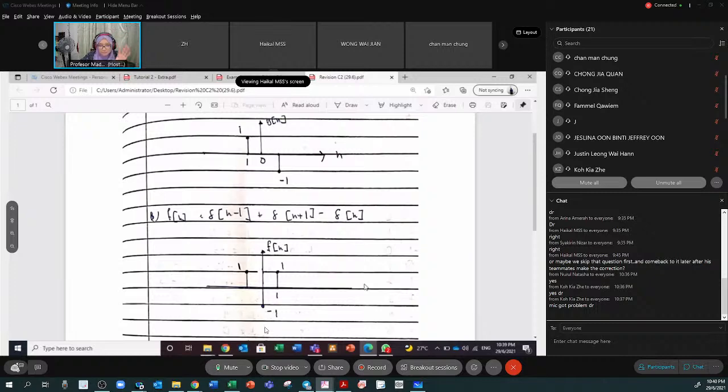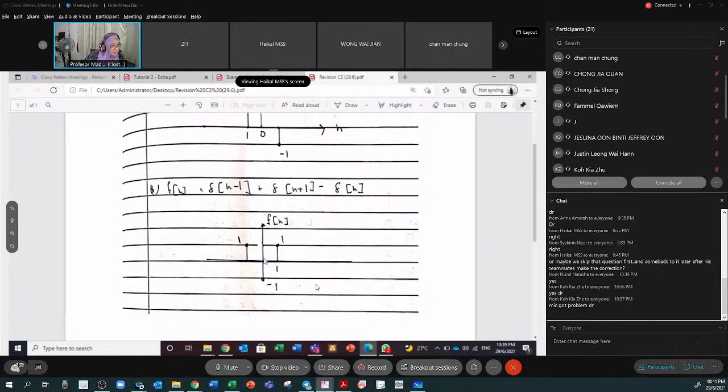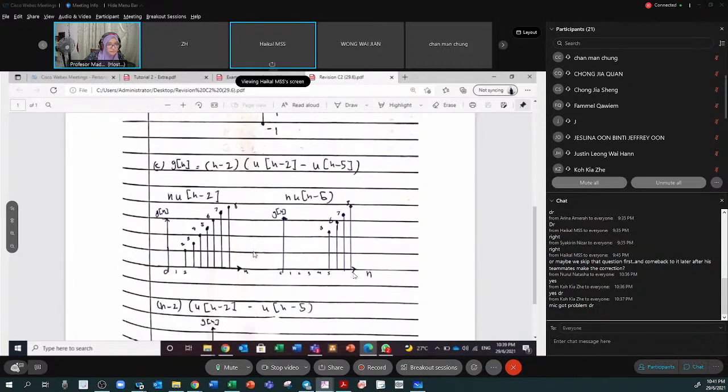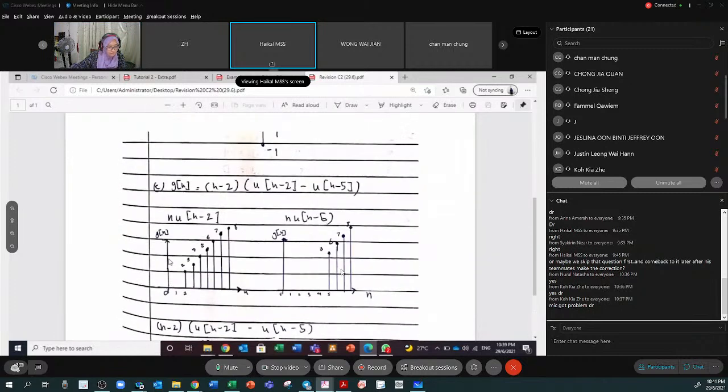It seems like macam ada, macam tak ada kan. So if you want to draw like this, you do not need to draw the y-axis with the arrow up, tak perlu. Especially for discrete time because later it will be confusing. Are you actually plotting upward or downward? Okay. Next. Okay, thank you.